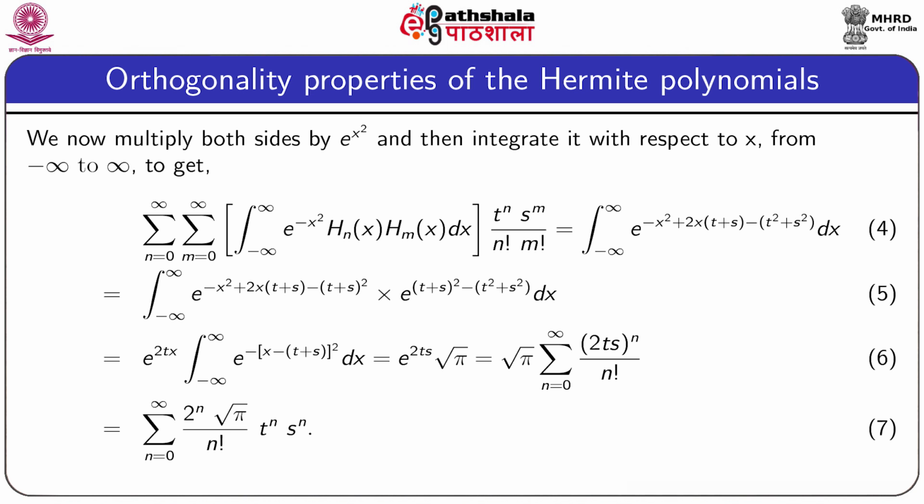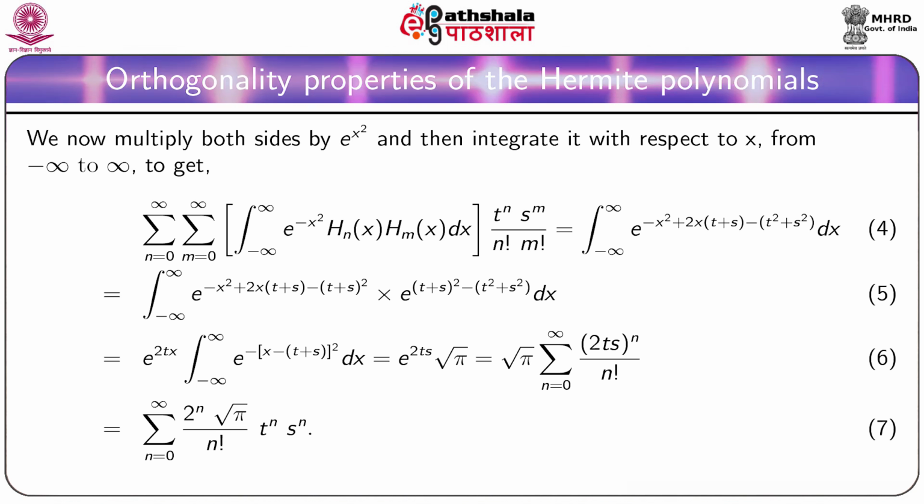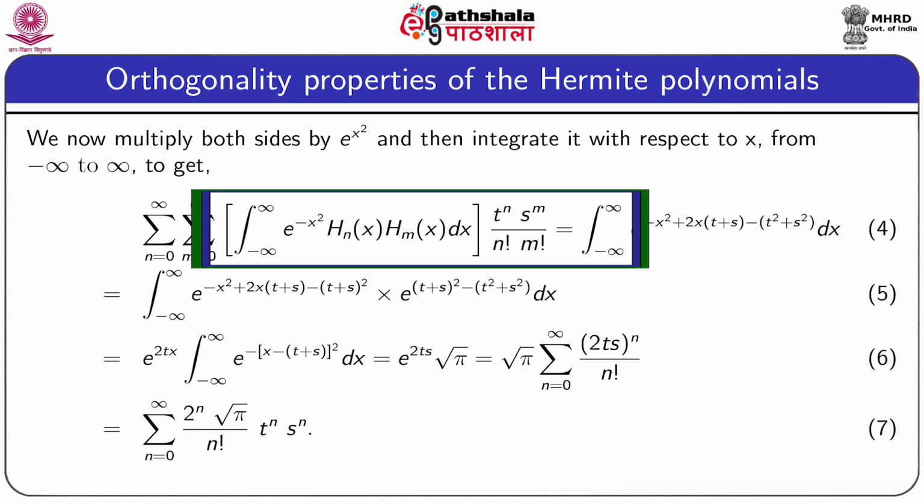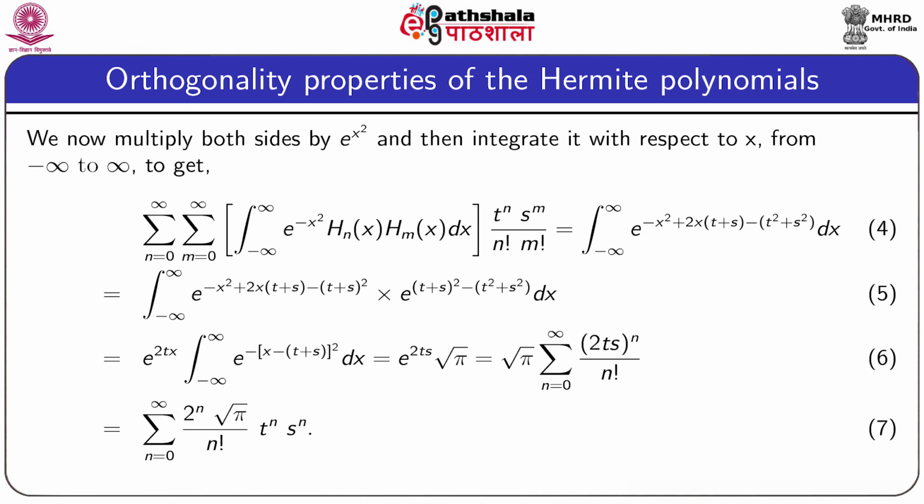So, the coefficient on the right hand side of t to the power n s to the power m is 0, because we do not have any m term in the right hand side. Whereas, on the left hand side the coefficient is integration minus infinity to plus infinity e to the power minus x square H_n(x) H_m(x) dx divided by n factorial into m factorial, and on the right hand side it is equal to 0, and hence this expression is equal to 0.